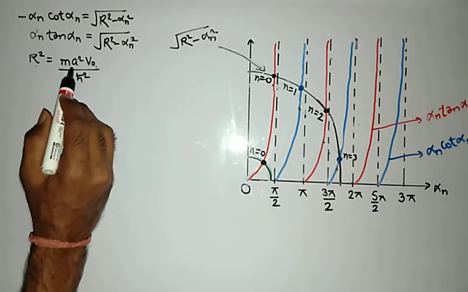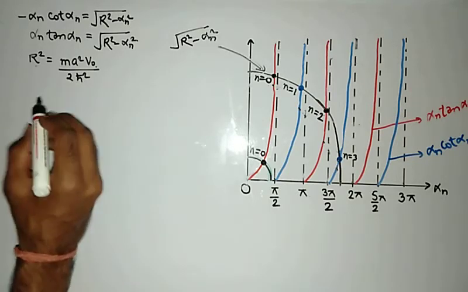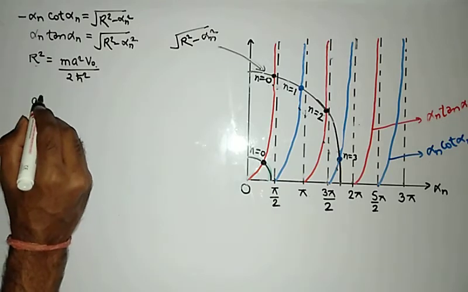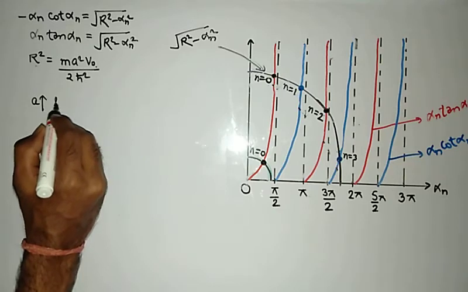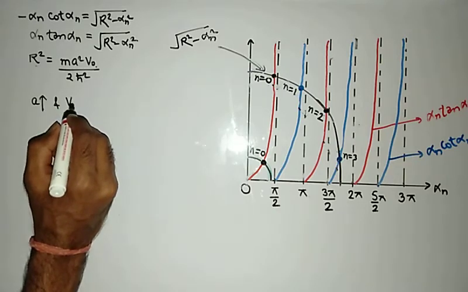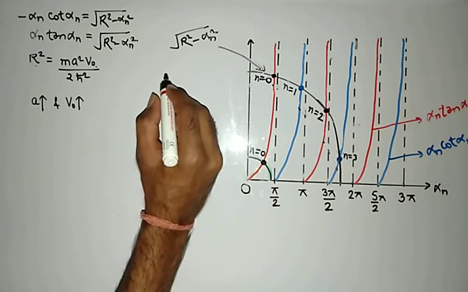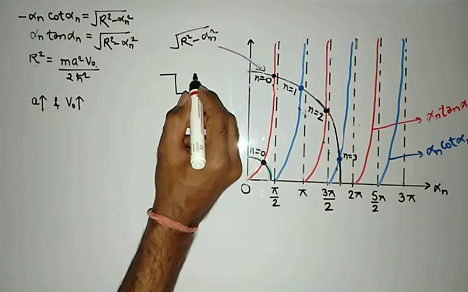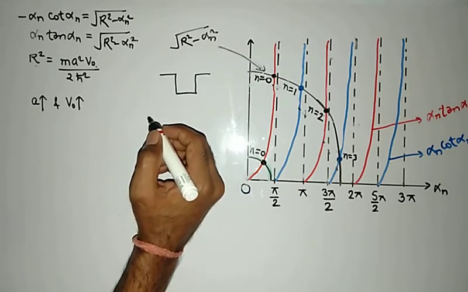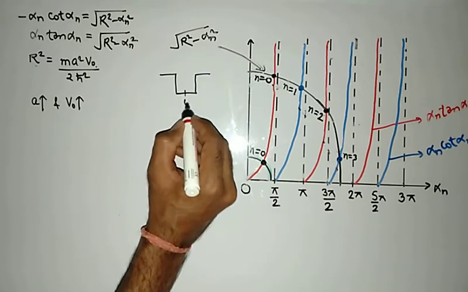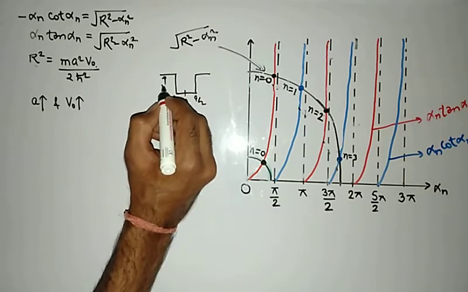So, the broader and the deeper, that is V naught large, in this figure, this was 0, a by 2, minus a by 2 and V naught.